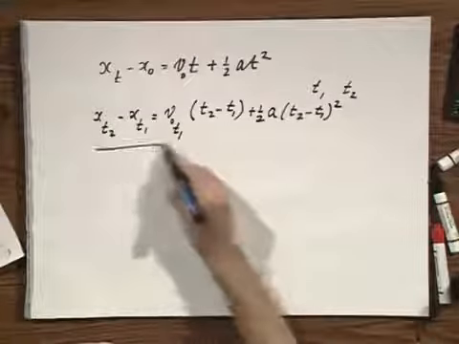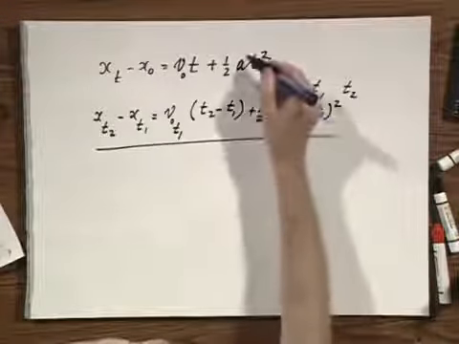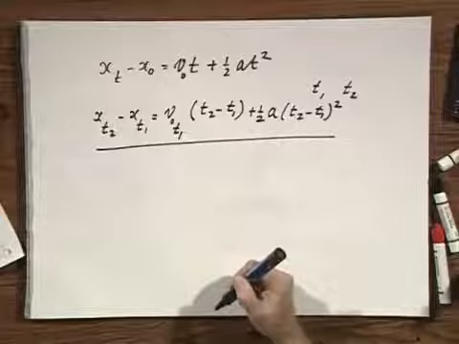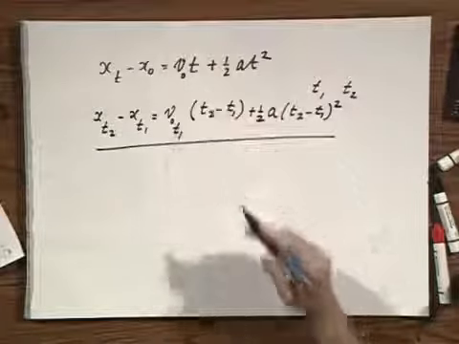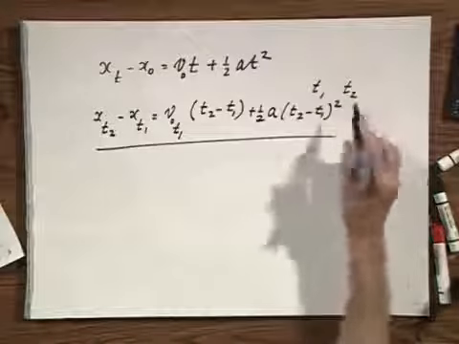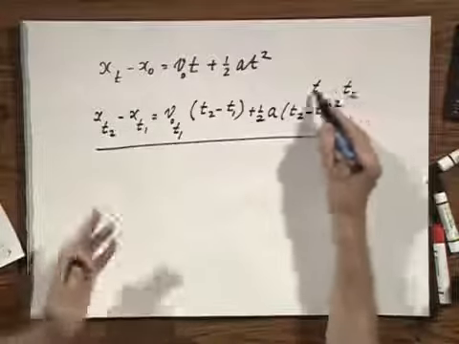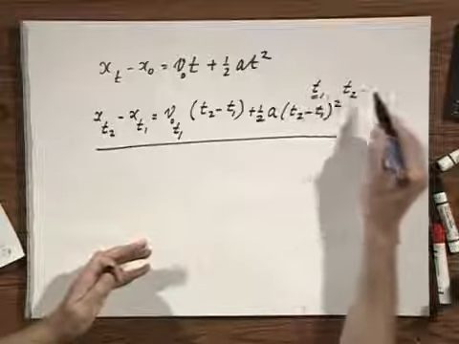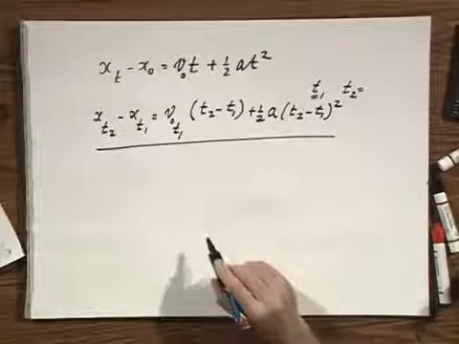Make sure that you appreciate that this equation is effectively identical to this one. You have to digest that completely. It's a must that you see that these are the same. I've just defined the times in a more general way. This is now my beginning time, and this is now my end time.